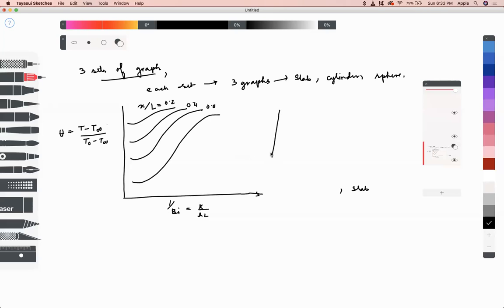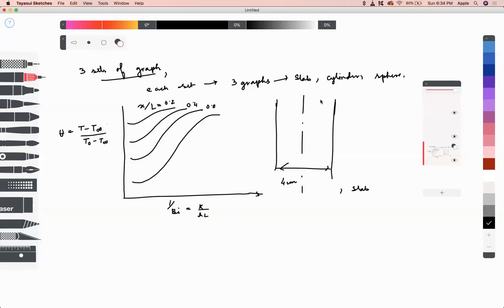So suppose you have a slab. Let's say the length is 2 meter. Okay, 2 meter is too high a value. Let's say 4 centimeter.